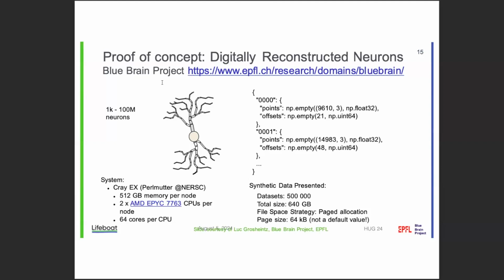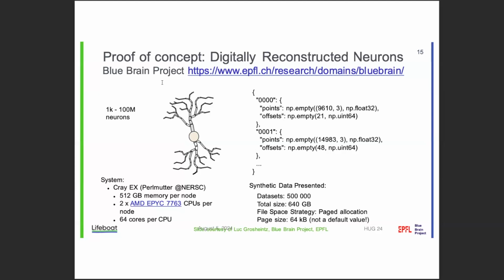We were able to do some work with the Blue Brain folks in Switzerland and help them not only tune HDF5, but also working with them demonstrated just how much we could get out of this particular strategy. The thing to note here is it's sort of a perfect case for this sort of thing, and there are lots and lots of very small data sets.